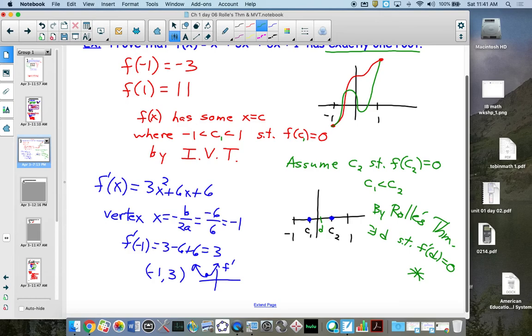So I know that f prime cannot equal 0, which means that this cannot be true. But everything in the hypothesis of Rolle's theorem was satisfied, so it's supposed to be true. So that leads us back to what we assumed, that there was another 0 of our function f. So that can't be true.